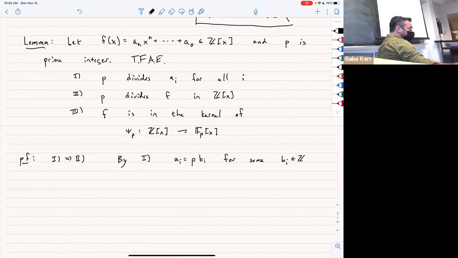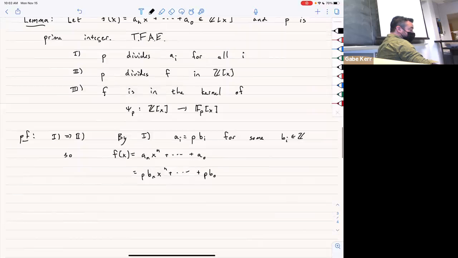So let's write it down. So f of x equal to a_n x to the n plus dot dot dot a_0 equal to p times b_n x to the n plus dot dot dot plus b_0.